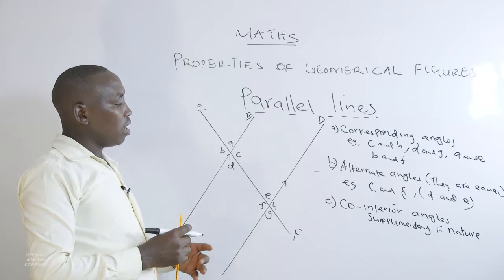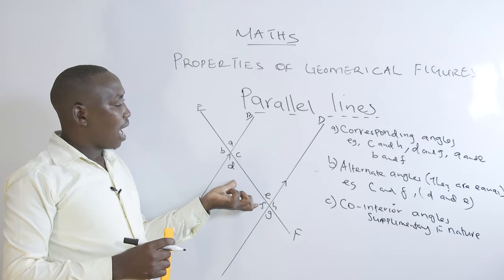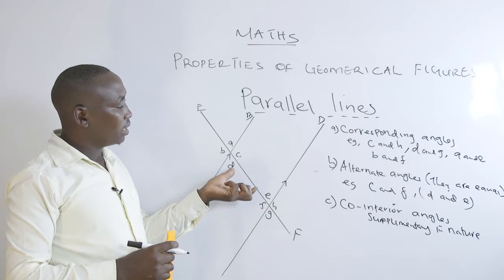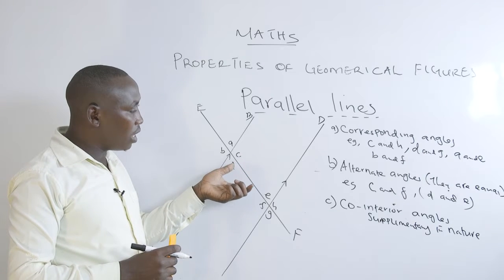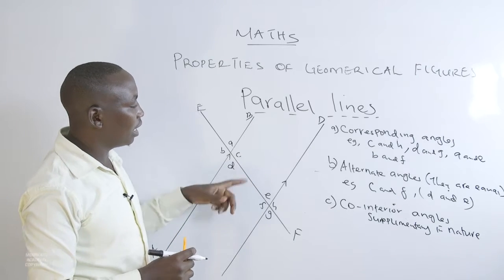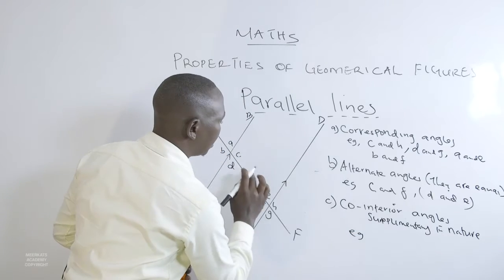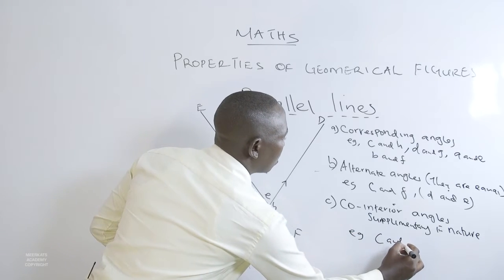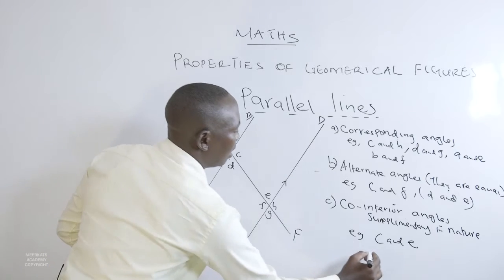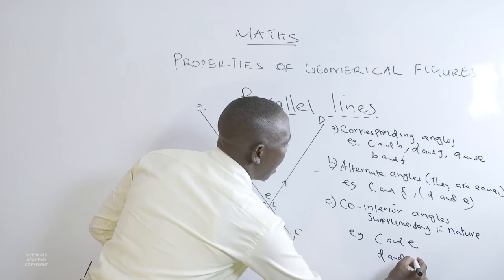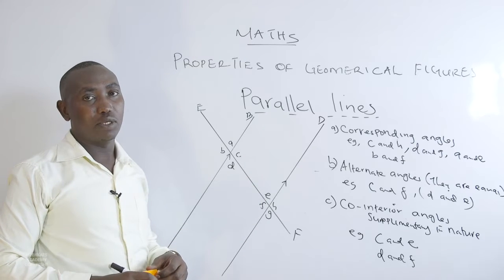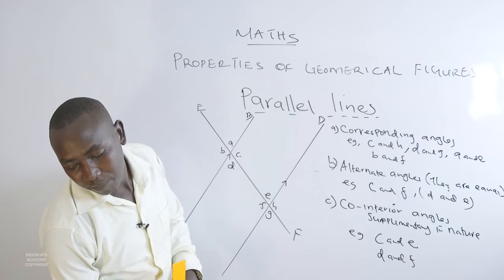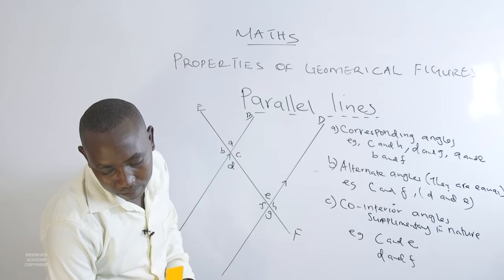A good example of supplementary angles are these ones which are inside. They can also be corresponding angles, but the good example is these ones which are inside. For example, C and E, and also D and F. They form co-interior angles which are supplementary in nature.